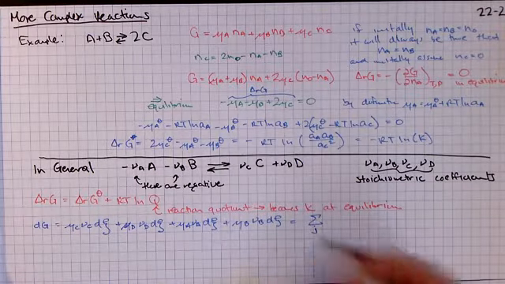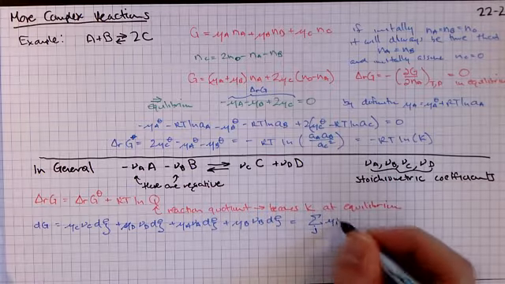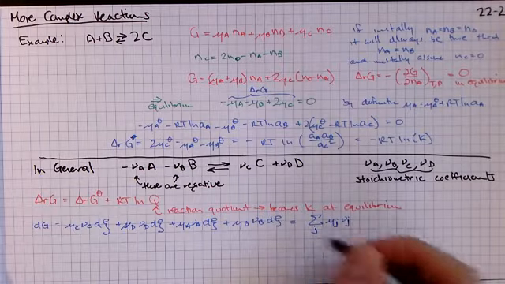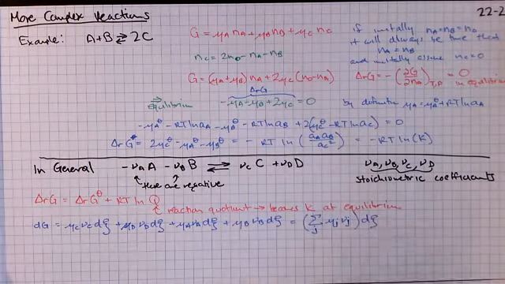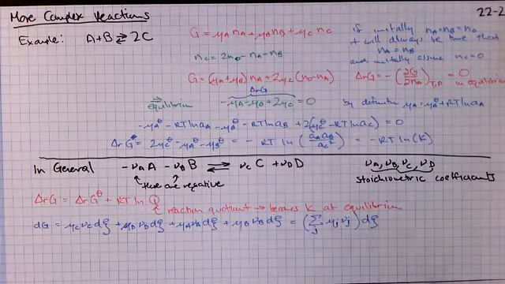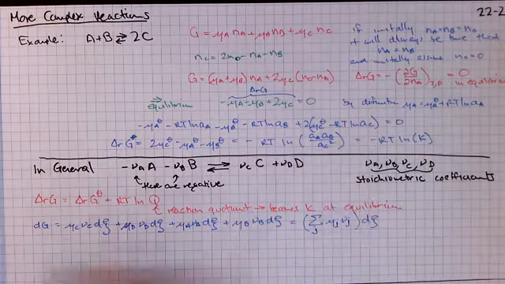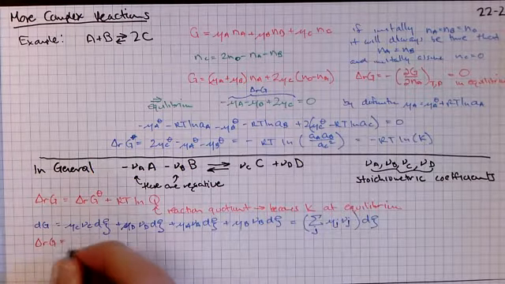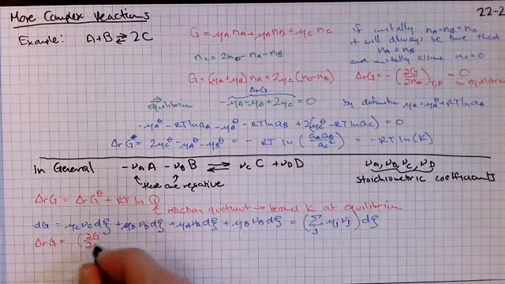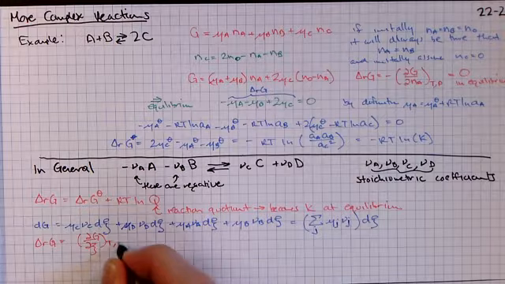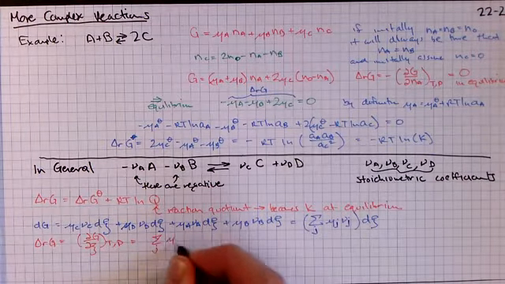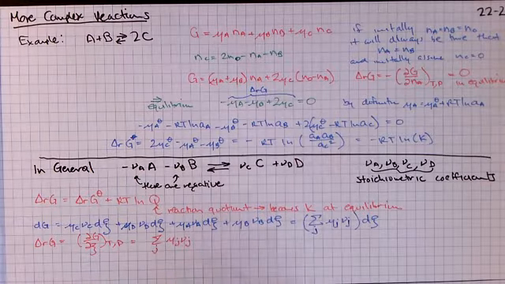So let's call that J, the sum of mu J nu J, all times d psi. And so our delta RG then is going to be equal to the derivative of G with respect to psi at constant temperature and pressure. So that's going to be just the sum over J of mu J nu J, right?